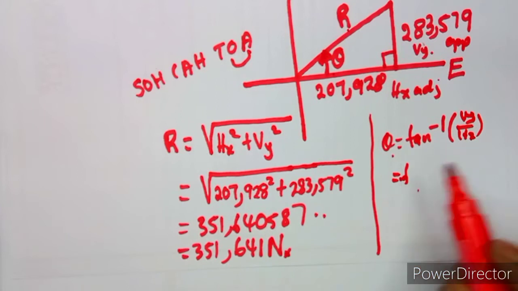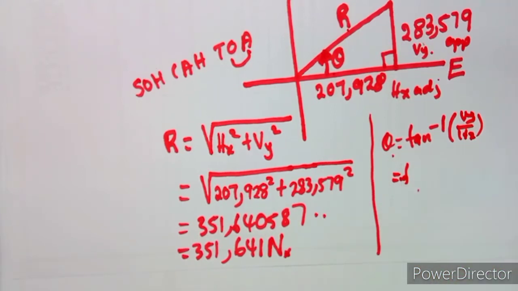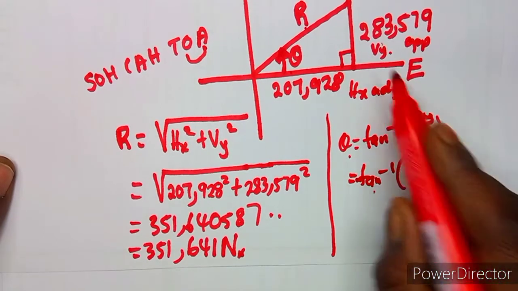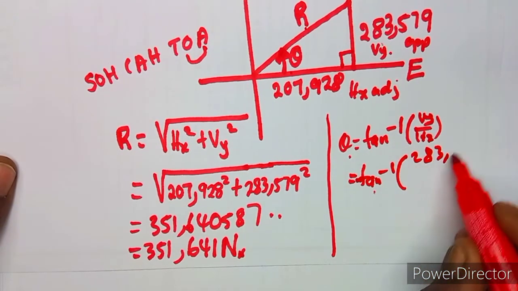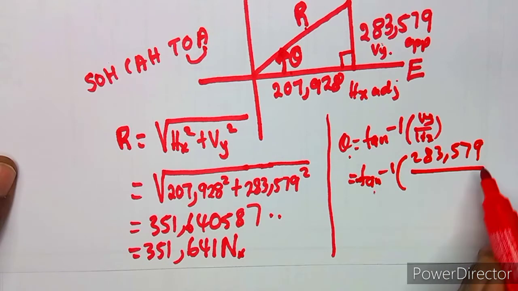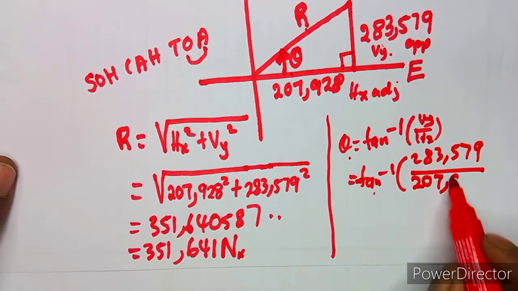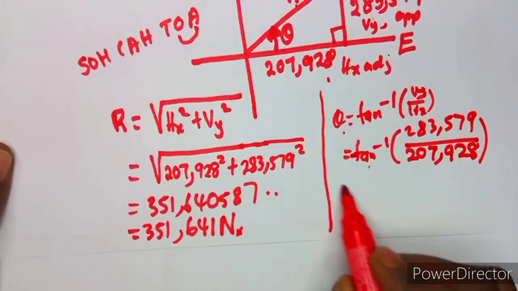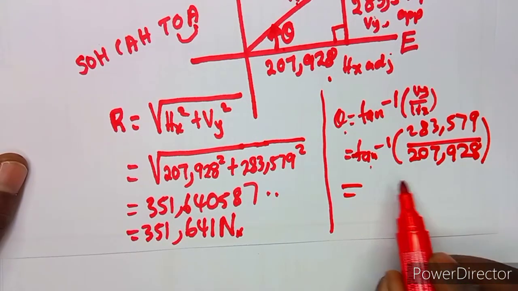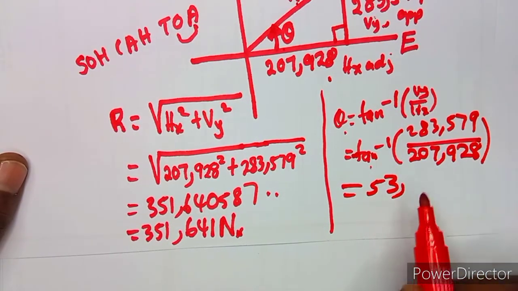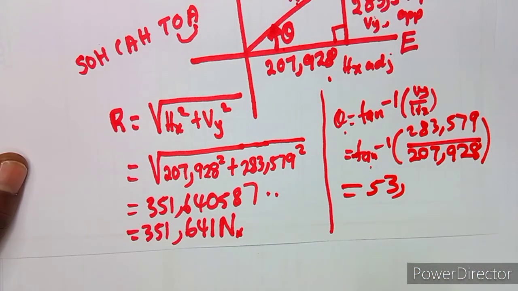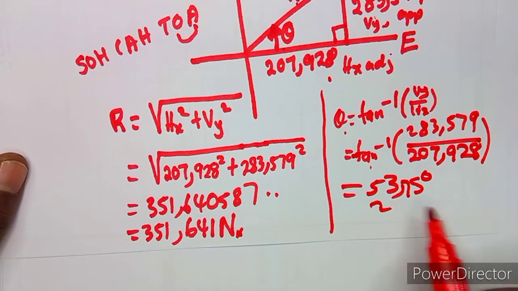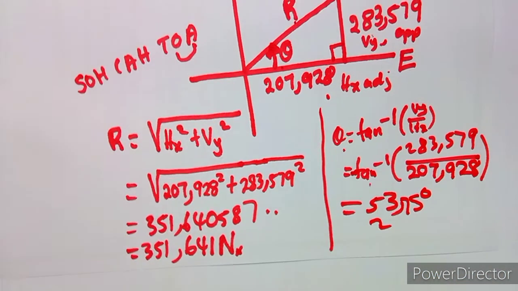That's going to be arctan of 283.579 over 207.928. Just take vertical over horizontal. From your calculator this is going to give you 53.75 degrees, something like that. That would be your theta there.